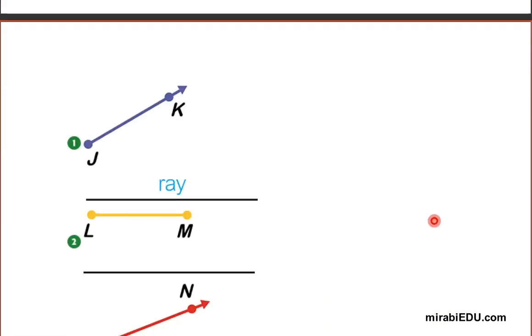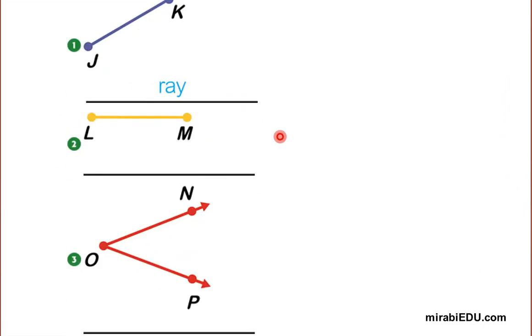In this practice we want to write the name of each shape we see here. Number one is done here. Number one is a ray, and students of third grade are expected to know this. Number two, because both ends are limited, it's a line segment.